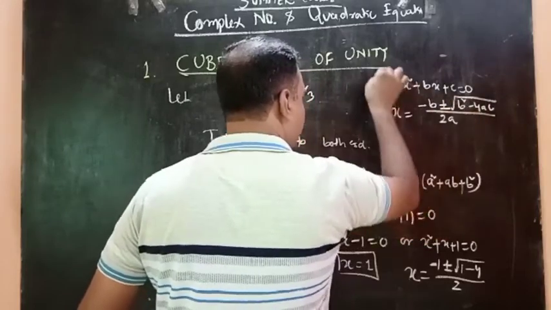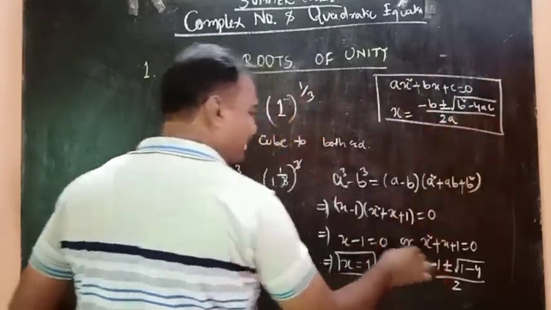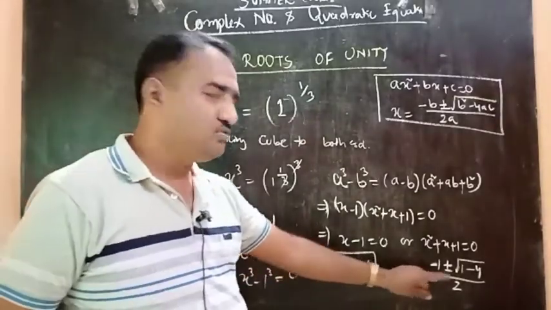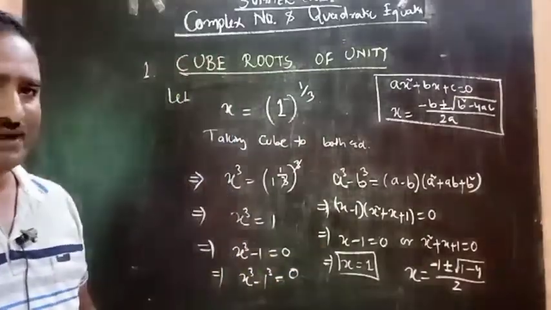You have studied this in class 10th. Applying it here, x is equal to minus 1 plus or minus the root of 1 minus 4, by 2.